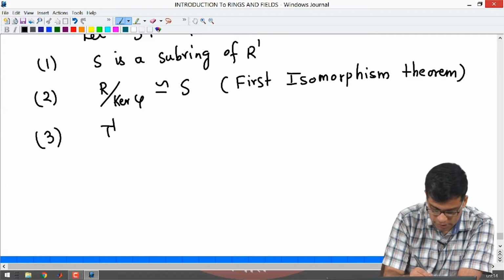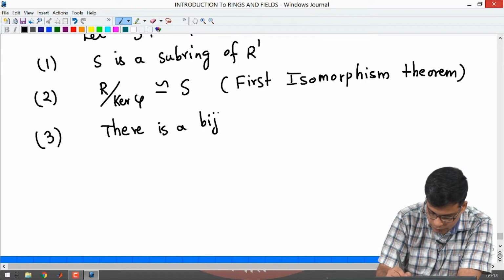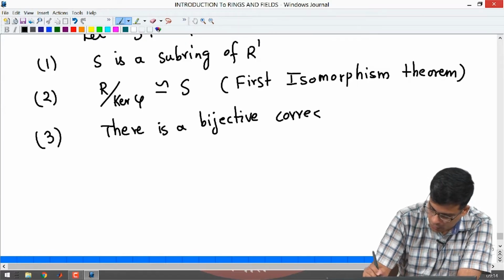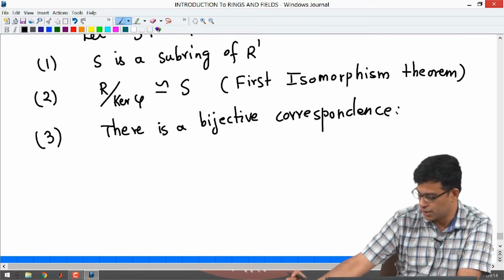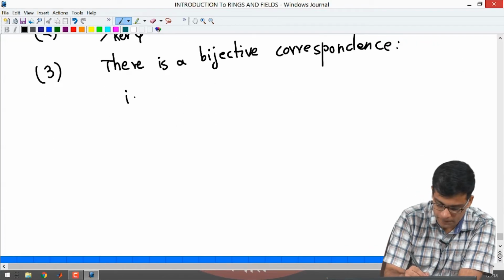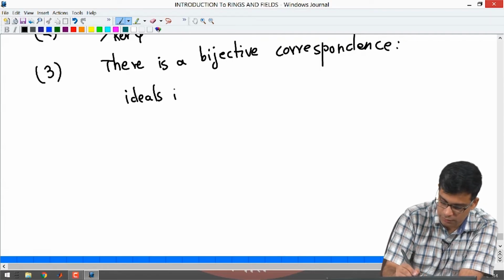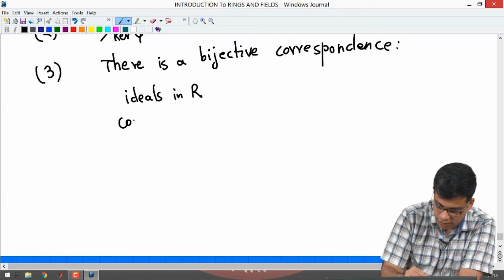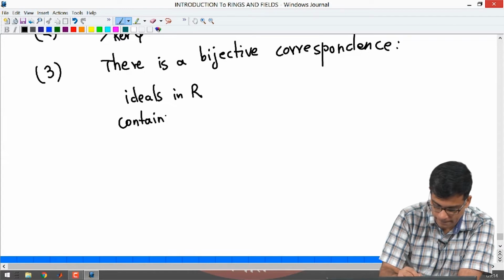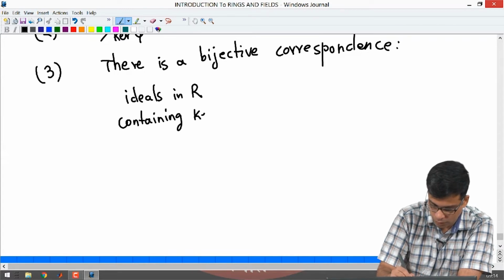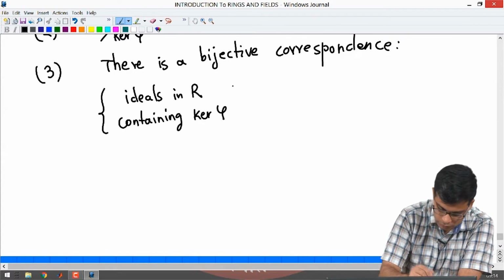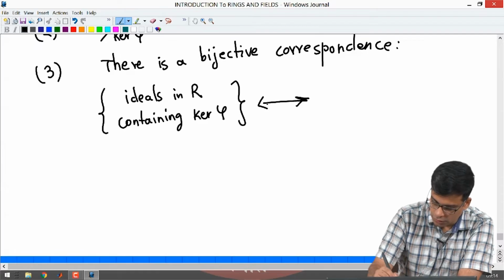And third one is, there is a bijective correspondence between the following 2 sets. The first set being ideals in R containing kernel phi. So, this is a bijection.